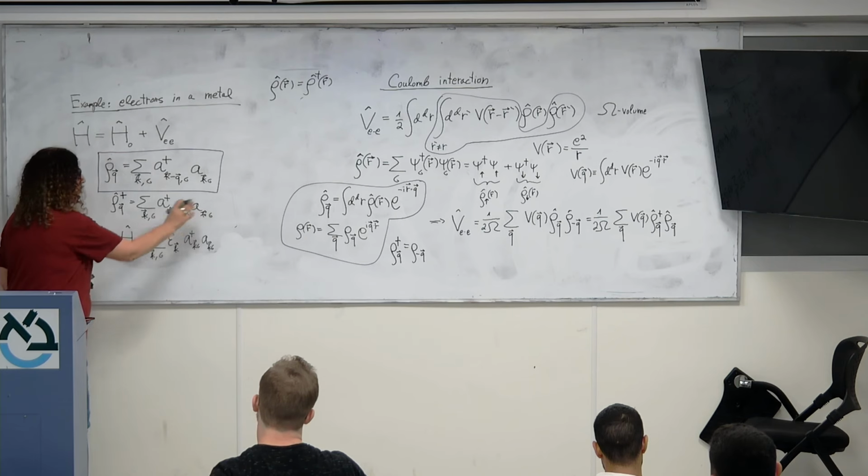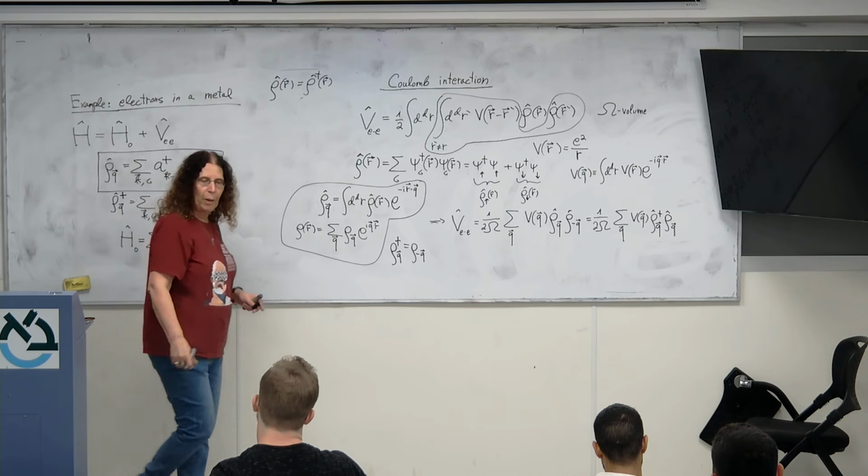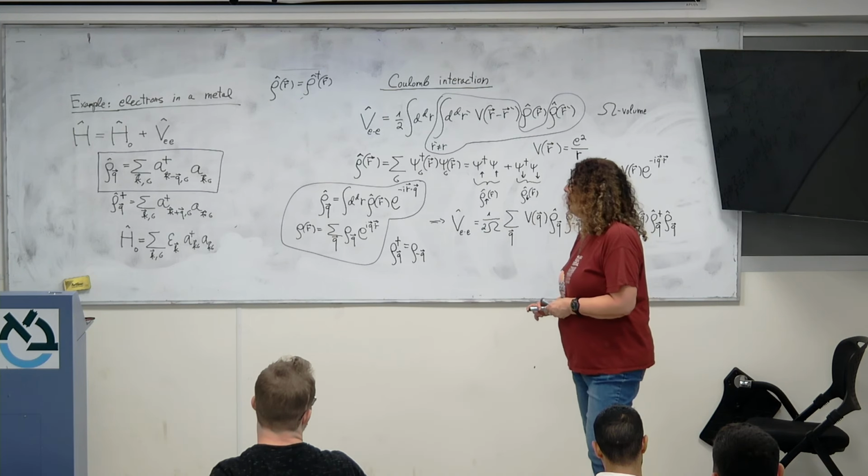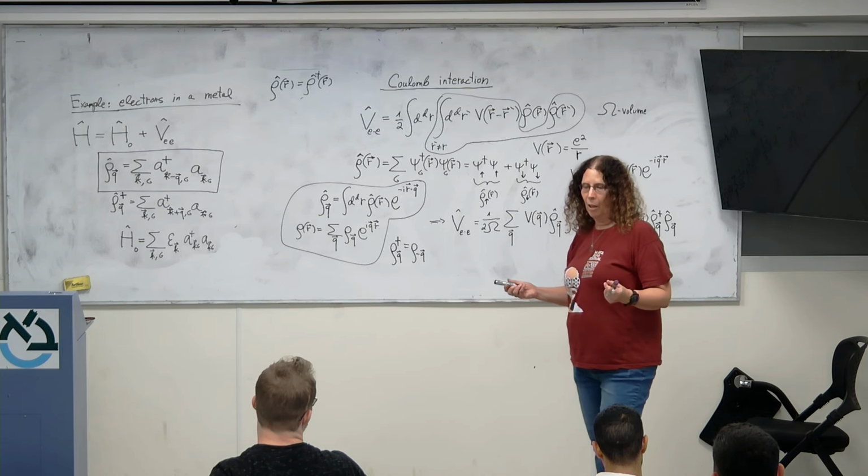Notice the sigma is summed over independently, but in K space, rho is not diagonal.